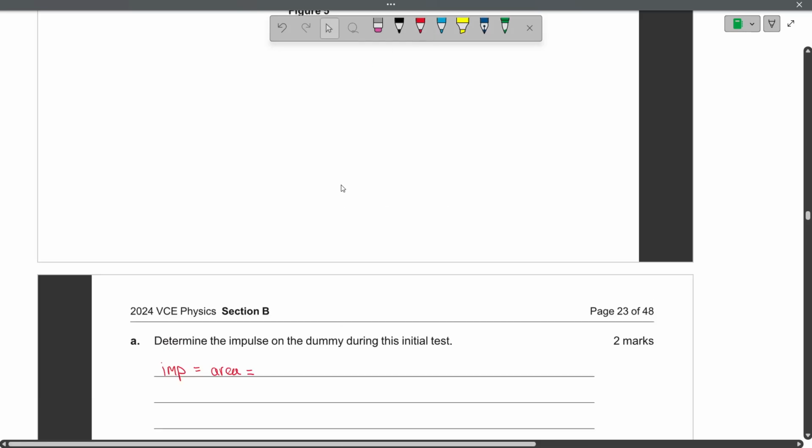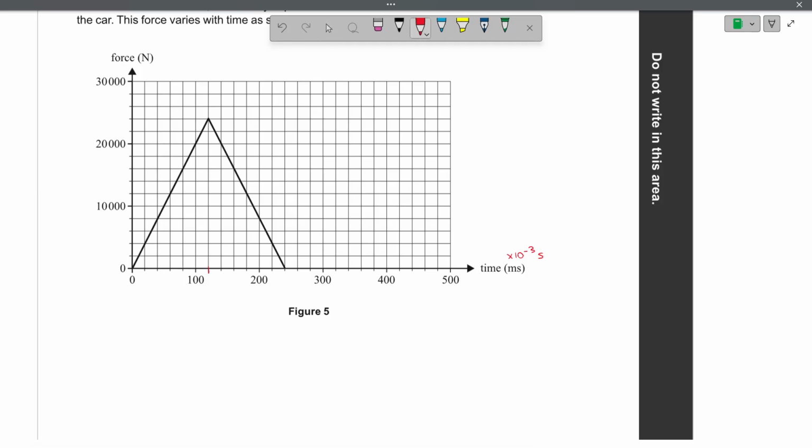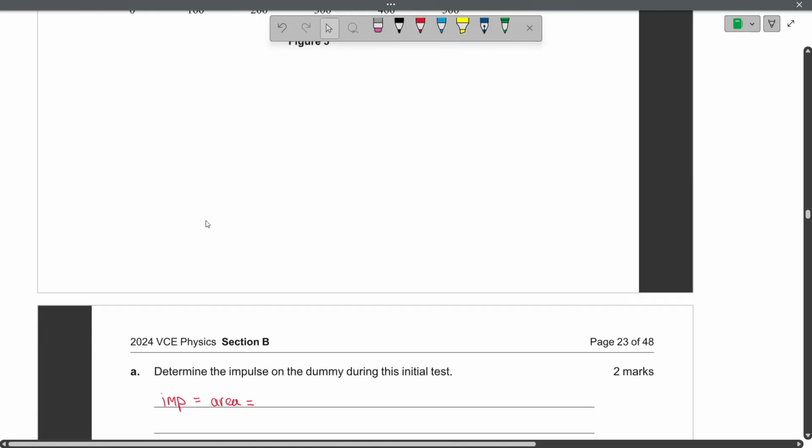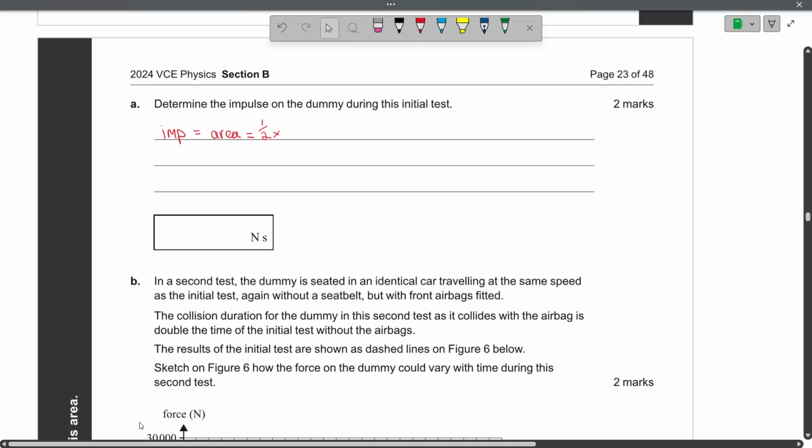which if we go back, it's just a triangle, so half times the base times the height. The base is, what's that, 120 milliseconds it looks like. Let's write that out. Area equals half times, oh no, what am I saying? That's half of the base.